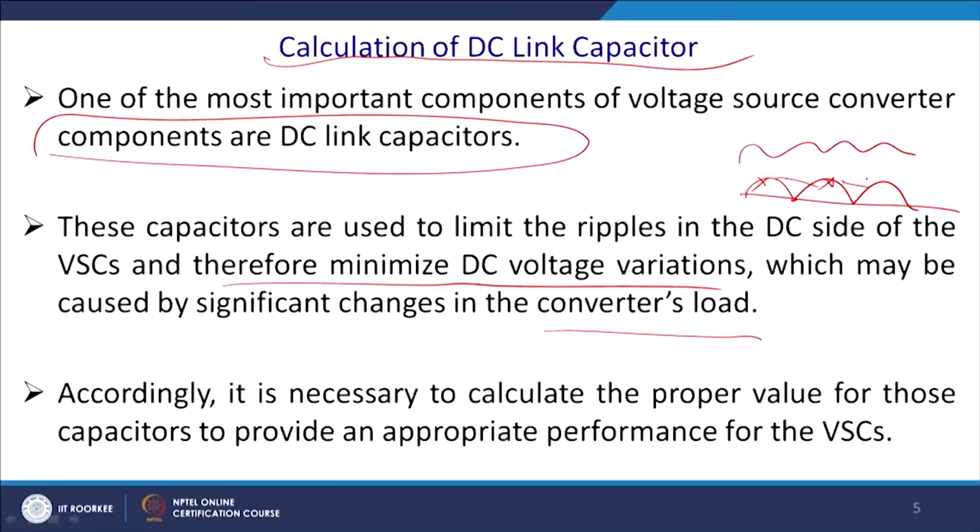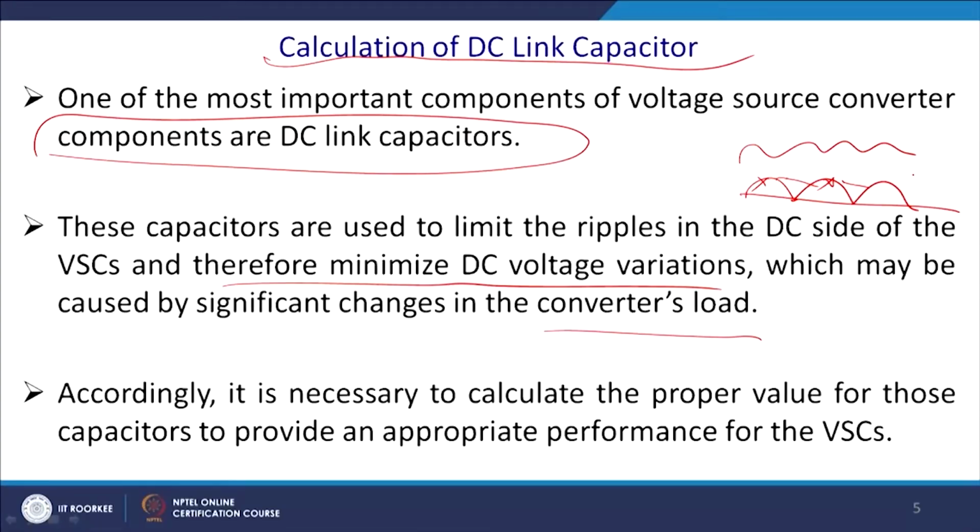Since it is a 3 phase system, you have less ripple because it does not cross 0, because another phase comes into the picture. And thus, to smooth out this voltage ripple, we require to put in the capacitor.